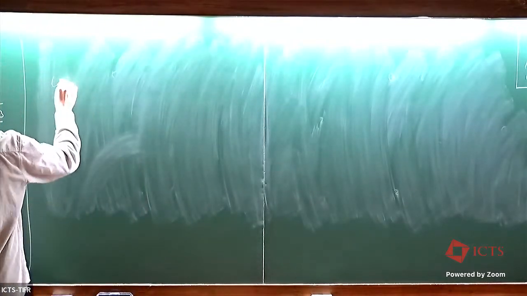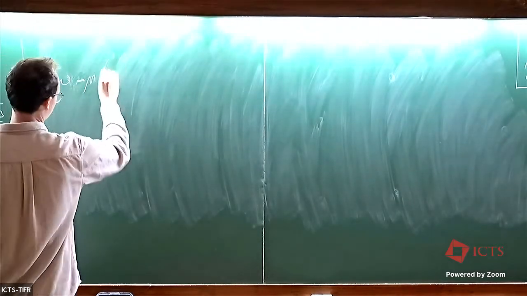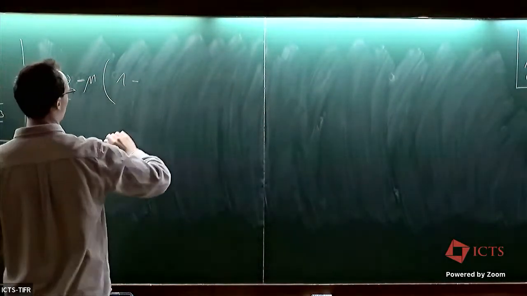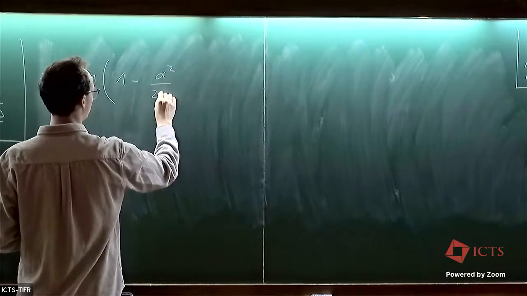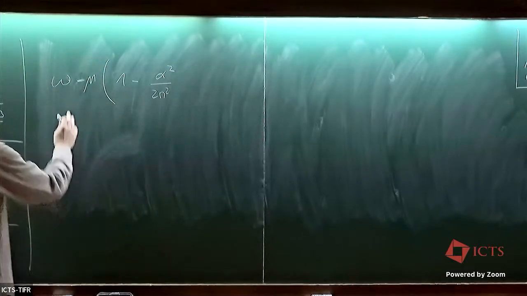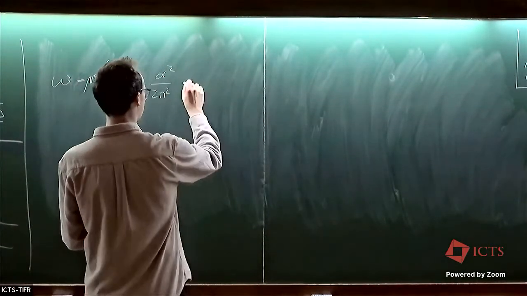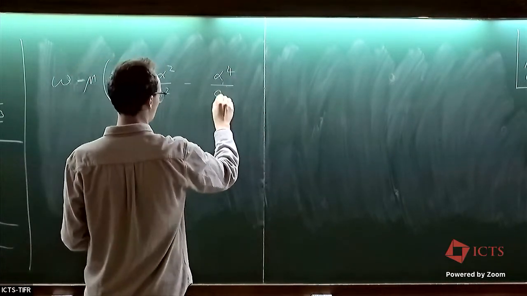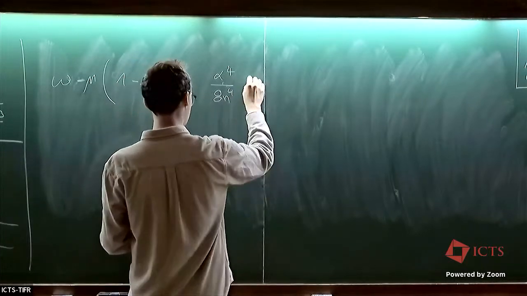Okay, so what is this frequency, or more generally the eigenvalue? It's 1 minus alpha squared over 2n squared. This is just the Bohr spectrum. And then there are higher order corrections, and the corrections are the following. Of course, it's higher power in alpha, and then it depends on the indices in this particular way.